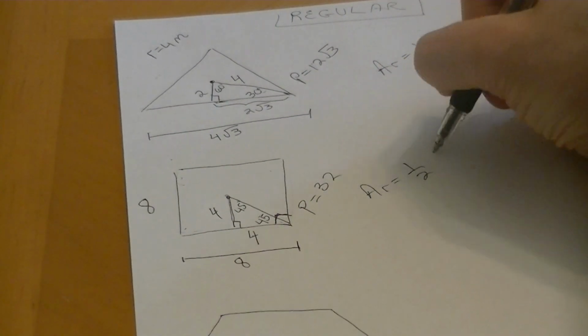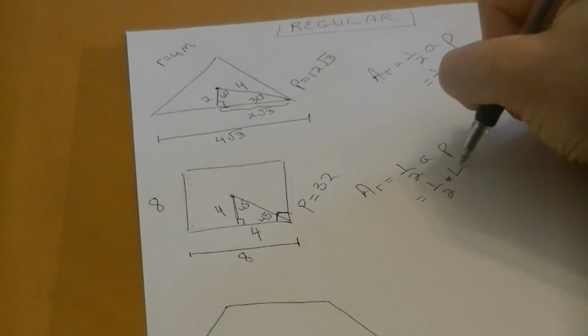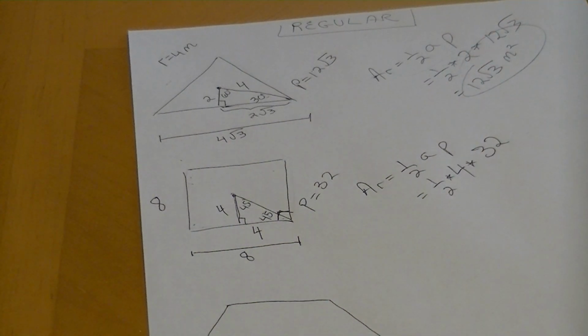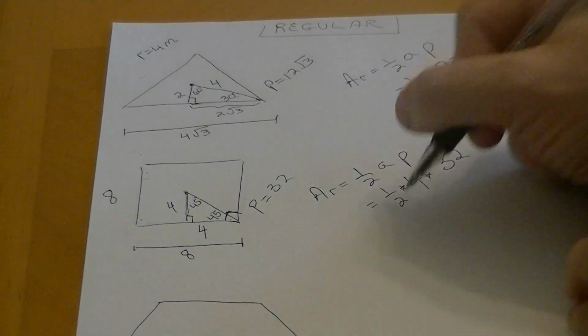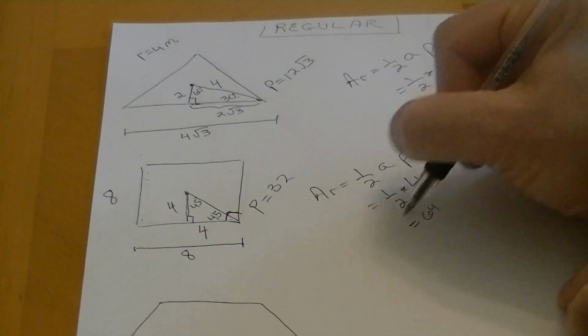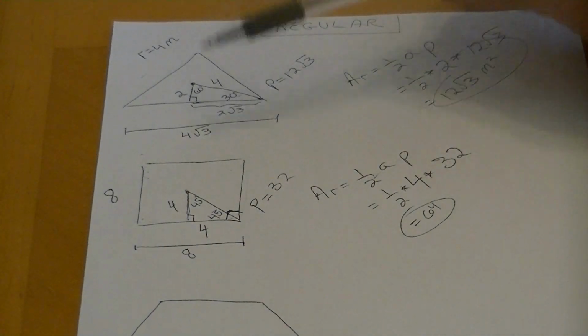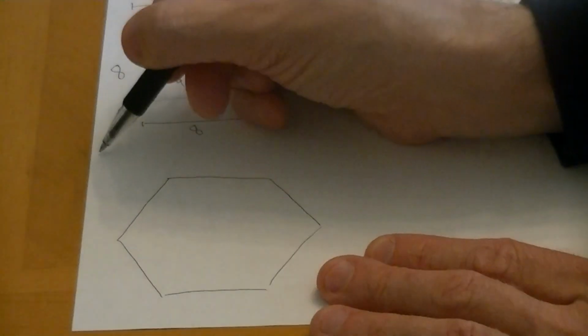So the area is 1/2 apothem perimeter. 1/2 times my apothem times my perimeter. 1/2 times 4 is 2. 2 times 32 is 64. Like we said, answer 64. Sort of a silly way to do that problem, but I'm just practicing this new formula with you. Draw the apothem, draw the radius. We're going to do 2 more.